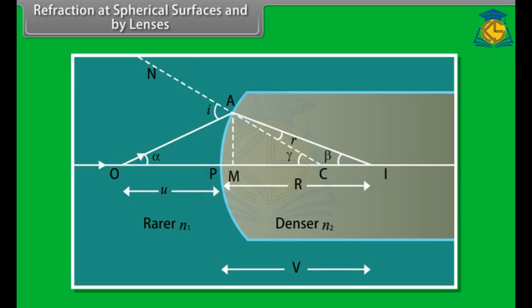An incident ray OA after refraction at the point A on the surface bends towards the normal NAC and goes along AI. Another ray OP falls normally on the surface and proceeds undeviated after refraction. The two refracted rays meet at I, which is the real image of point object O.